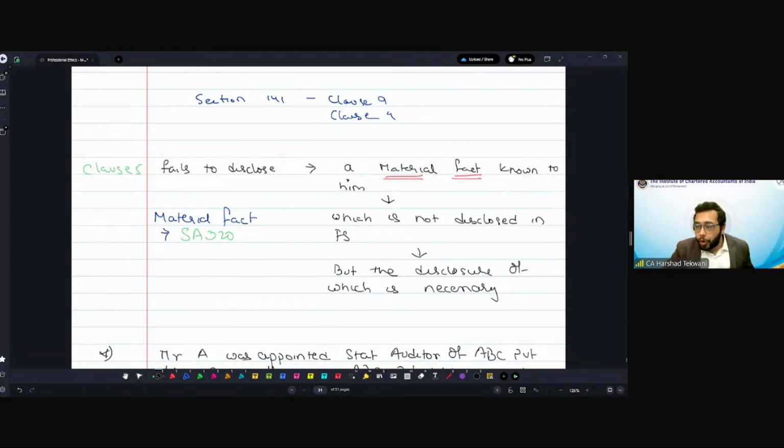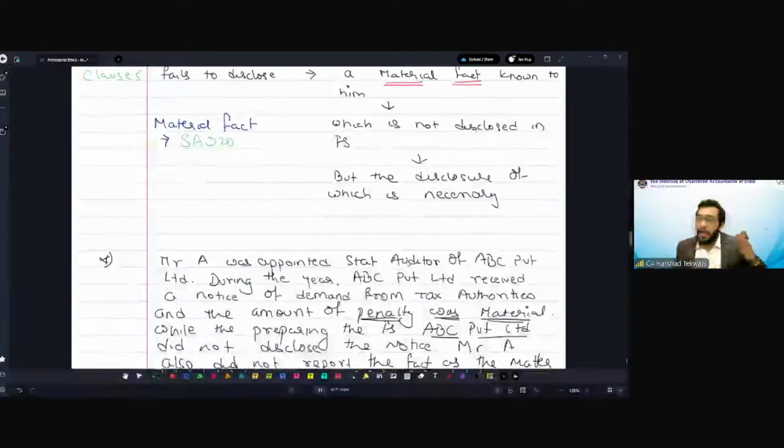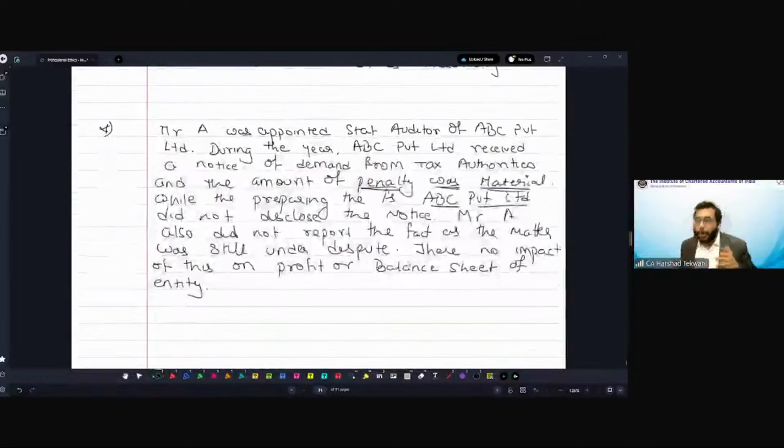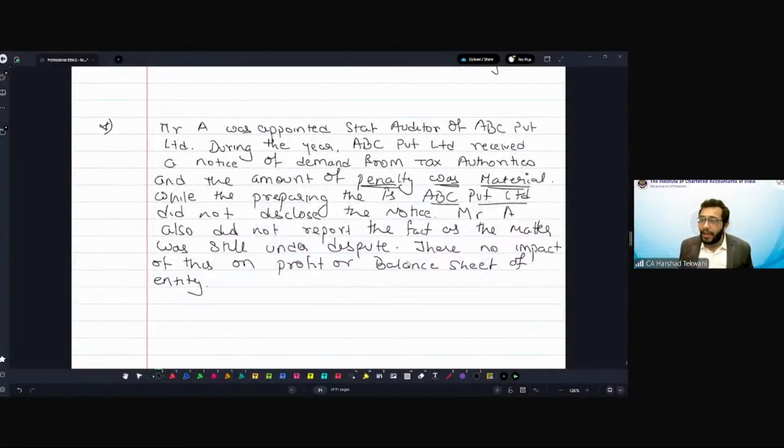Whether the disclosure is necessary or not, as you correctly said, will decide whether this clause will get attracted or not. And what I understand, the disclosure of these cases is necessary, at least in your contingent liability. If you do not book any provision, perfectly fine. You need to still disclose it in your contingent liability.